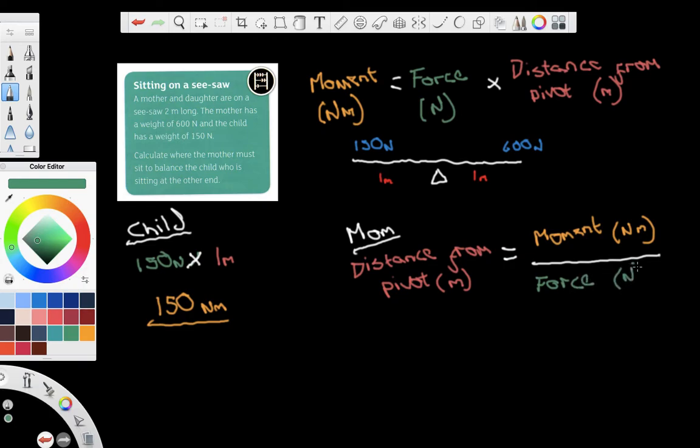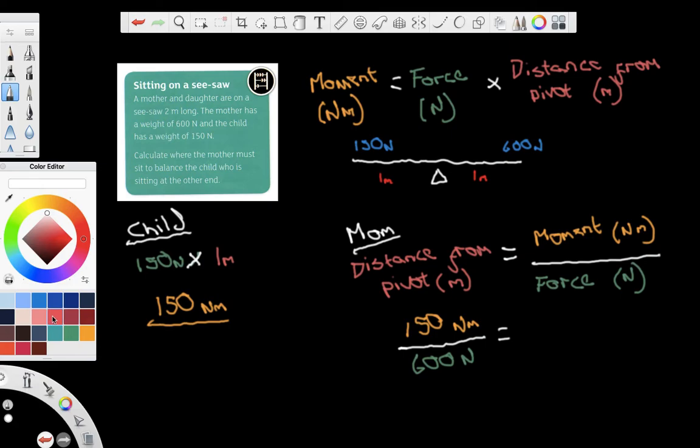Which is in newtons. So using what we've got here, if I can quickly grab a calculator, to work out our distance from the pivot, we need to do 150 newton meters divided by 600 newtons. 150 divided by 600 gives us 0.25.